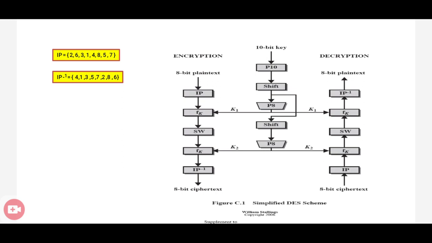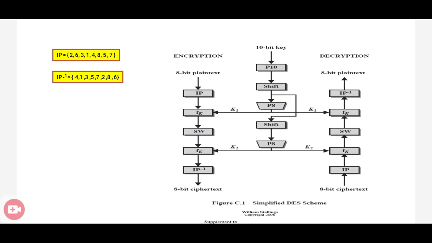Then how are the subkeys generated from the original key? That is represented in the middle figure. We have a 10-bit key. First we permute that 10-bit key, P10. Then a left shift is applied. Then after shifting, the third step is a permutation with 8 bits, that is P8, which produces K1, the first round key.